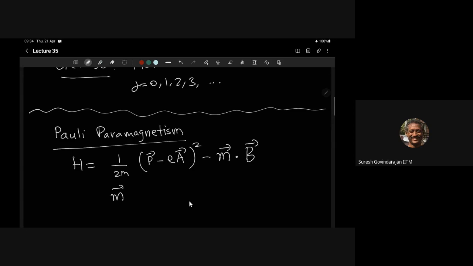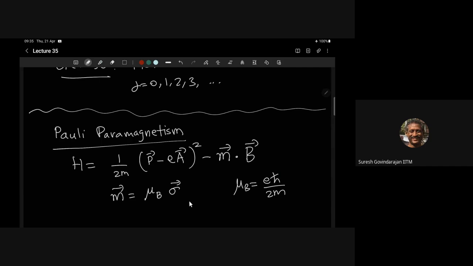Here it would be, so I'll write it in terms of mu b times sigma, where mu b, we have derived this long ago, by 2m. And this is just a Pauli matrix now.